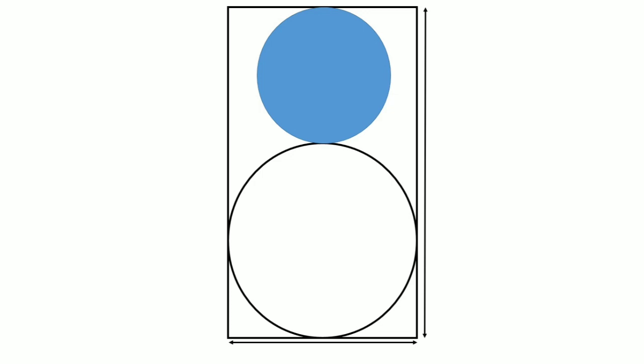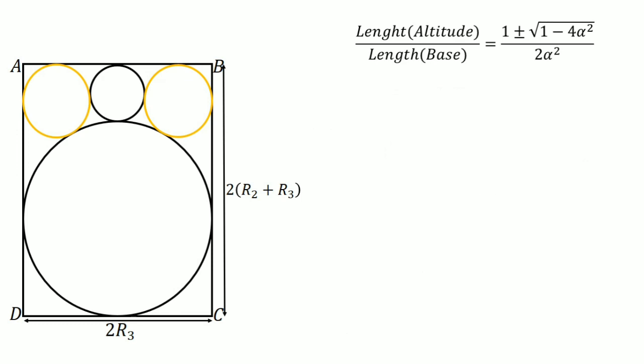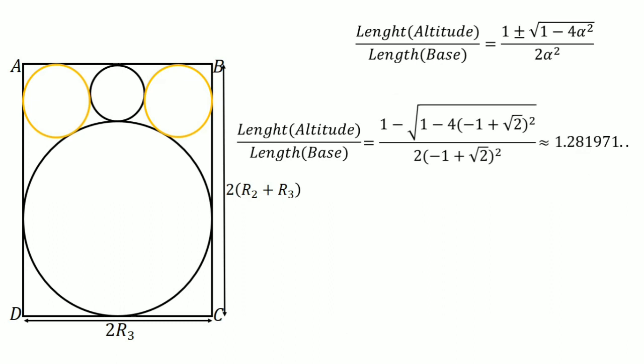So considering the ratio equal to 4.55 is completely invalid. So the correct value of the ratio is 1.281971 and so on, and that is our correct answer.